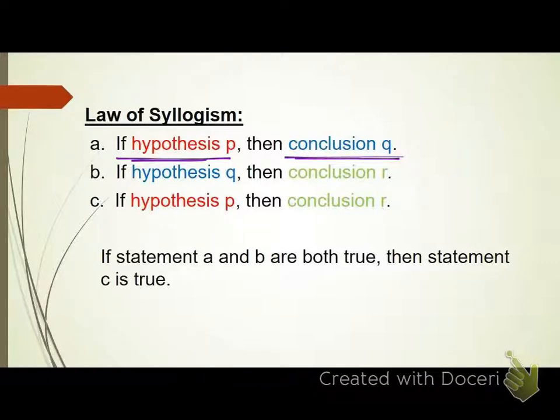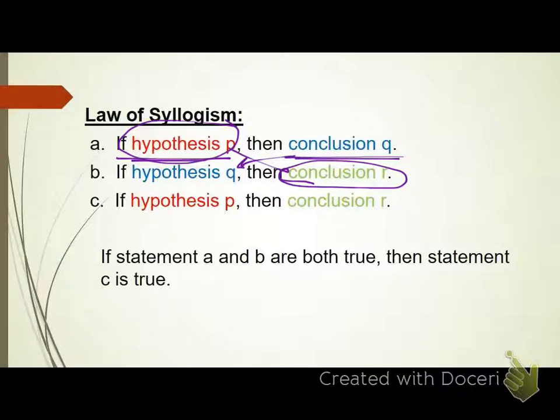Then you have a second if-then statement that uses the first's conclusion as its hypothesis. Then you can cut out the middleman and start with the hypothesis of the first if-then and go right to the conclusion of the second if-then, right? And it's a way of linking two seemingly unrelated items sometimes, right?